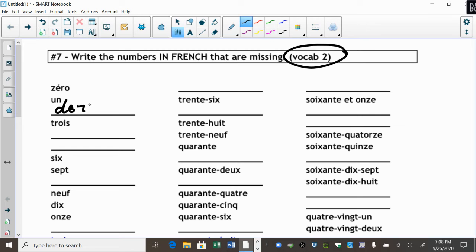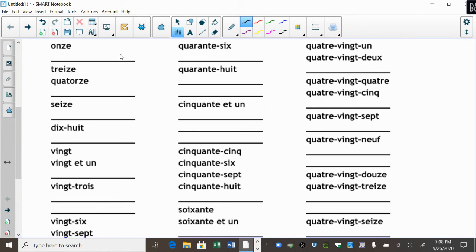Oops, that's a U. So try to spell them correctly, right? If you look over here, you have 36, right? So above it, and you should do them in order, but I'm just kind of showing you, would be 35. And don't forget your hyphens, okay? All right, so that's all you do on page 7.